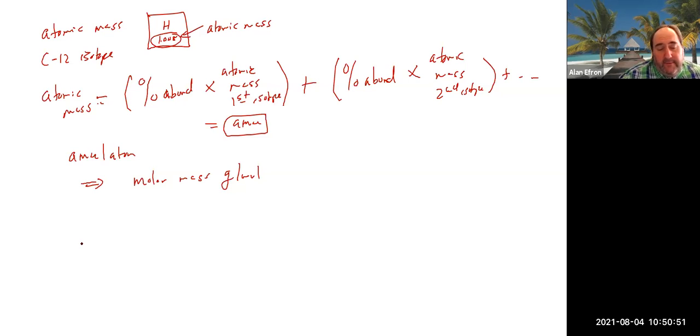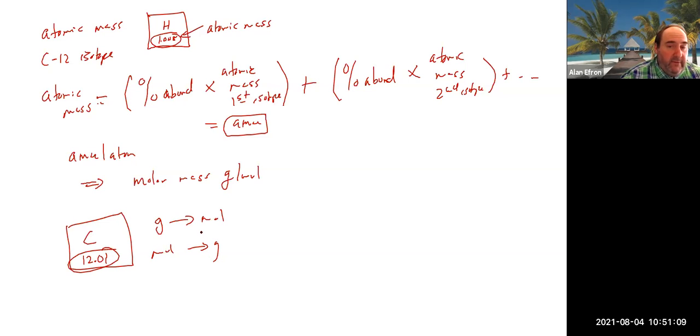And grams per mole is really what we see on the bottom here of the periodic table. We take that out, and that's how many grams there are per mole. And molar mass is really our conversion to go from grams to moles, or moles to grams, back and forth, those two conversions.